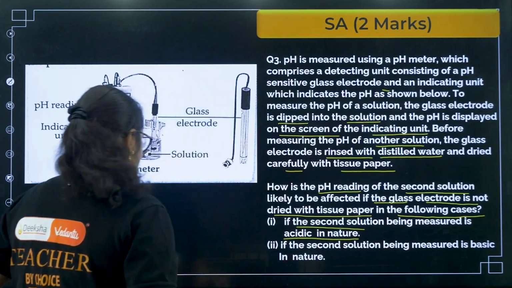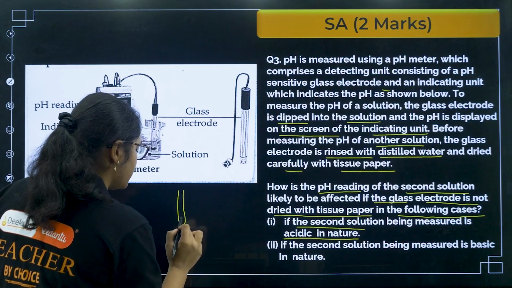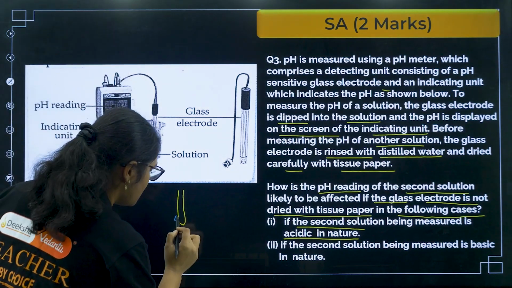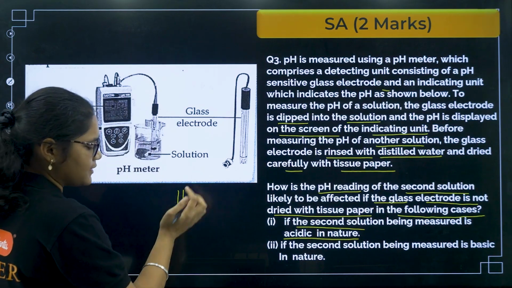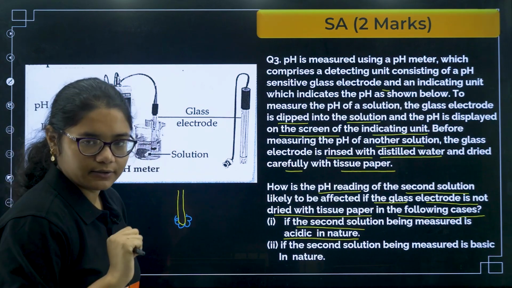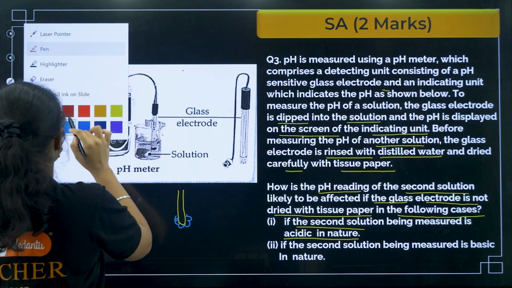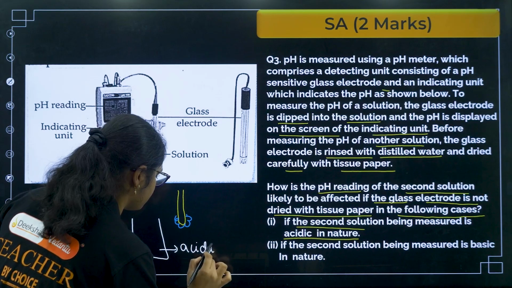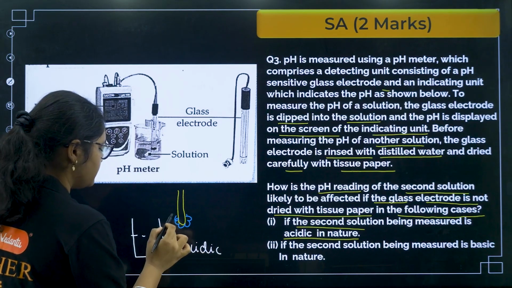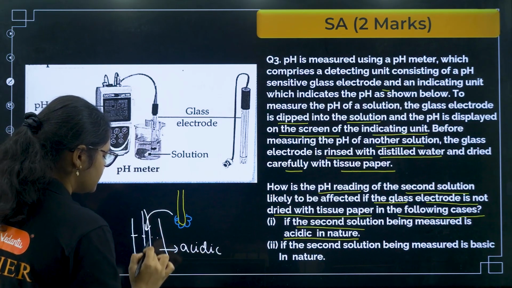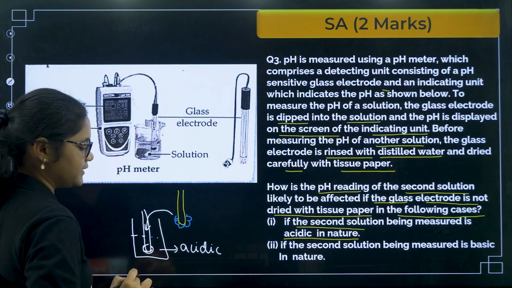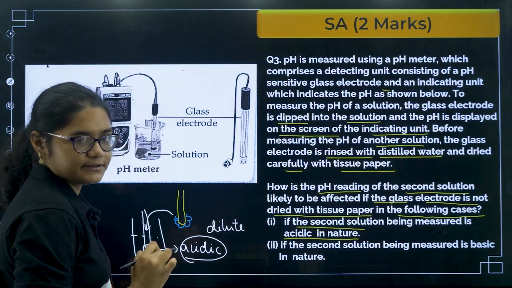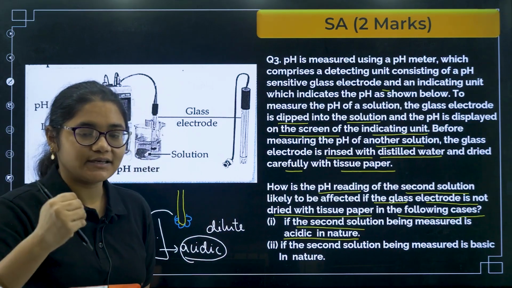Now see, this is the pH rod. It is not washed or you have not dried it. That means it will have some water droplets attached to it, or sticking to it. Now you have the second solution here, which is acidic in nature. When you dip this one in this one, the water droplets present here will dilute the acid. Diluting the acid means the acidic nature decreases.